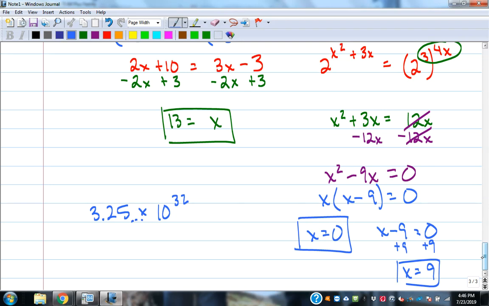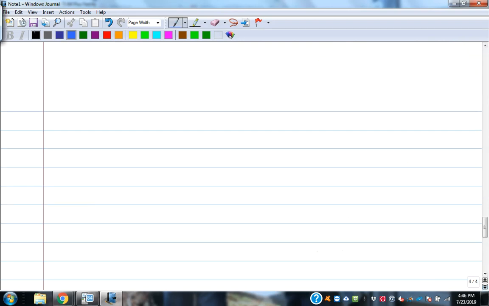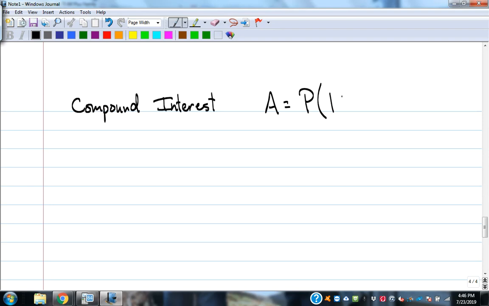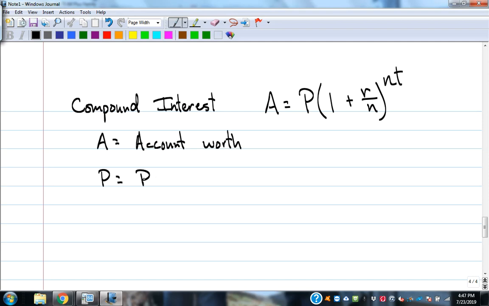All right, so also with these exponential functions, let's talk about compound interest. Compound interest has a formula: A equals P times parentheses 1 plus R over N, to the NT power. All right. A is account worth. P is your principal investment.